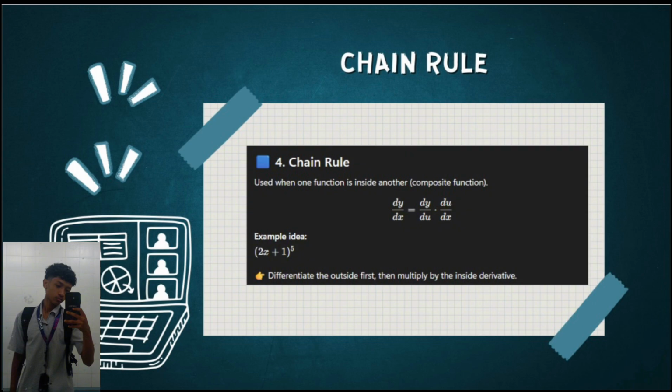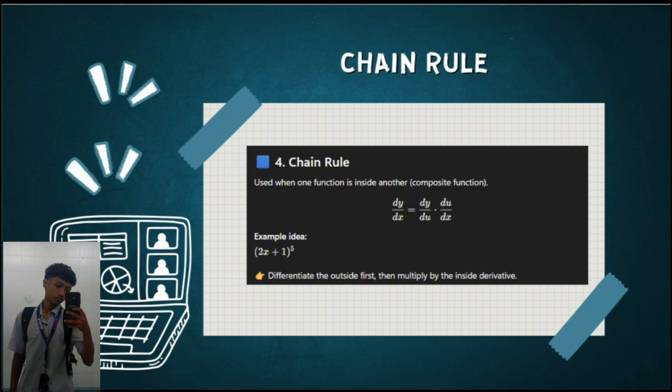The fourth would be the chain rule. The chain rule is used when one function is inside another, basically a composite function. The formula would be dy over dx equals dy over du times du over dx.